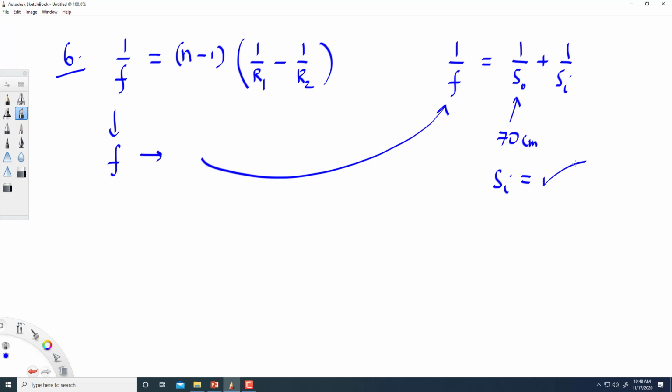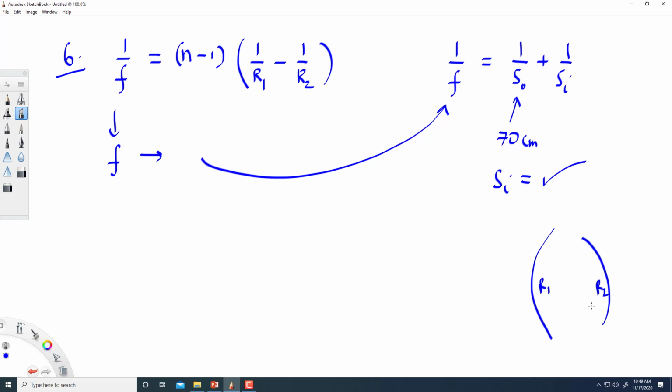Does it matter which radii we use for 100 and which one we use for 20? Should we do the 100 first as R1? Usually the front one would be R1, and this one would be R2. Is it supposed to be a positive or a negative number?